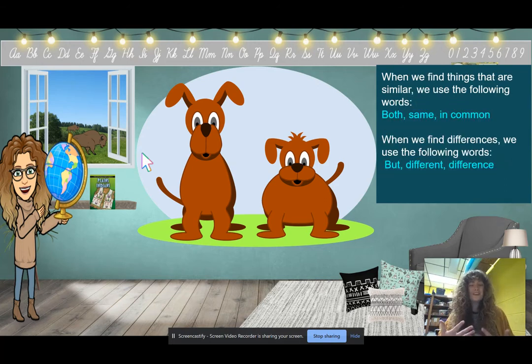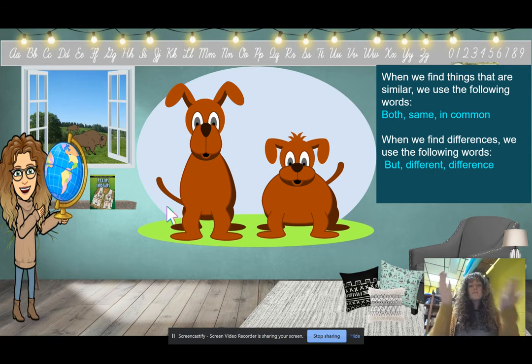When we are comparing and contrasting, we are specifically going to be talking about contrasting today. We are going to be talking about the differences that we see in these versions. When we are writing about differences, we use the word but, or different. So I would say the dog on the right is short, but the dog on the left is tall.